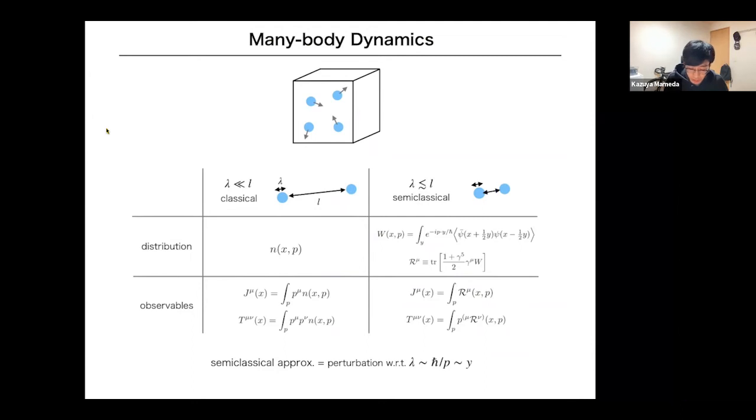So then we need to take into account the quantum correction of the particles. In this case, the particle distribution cannot be described by the usual distribution function. Instead, we need to consider the Green's function, or more precisely, we need to use the Wigner function of this Green's function.